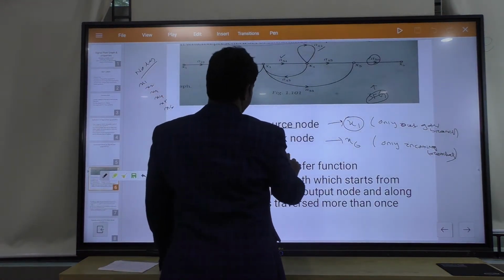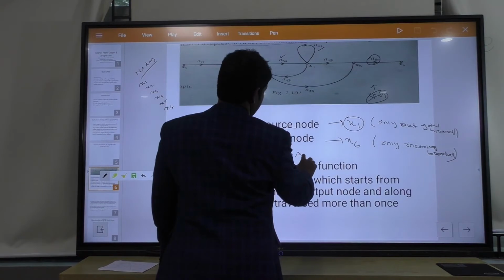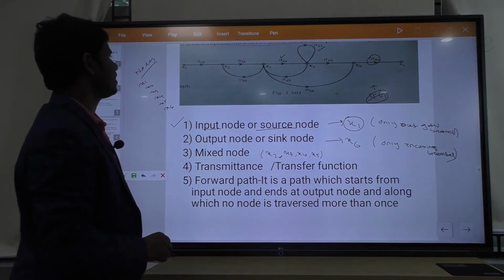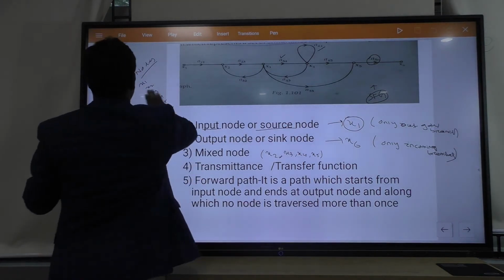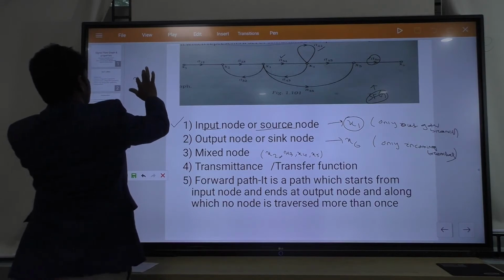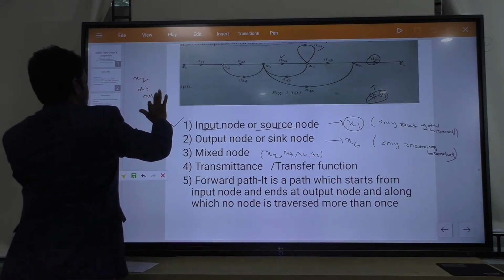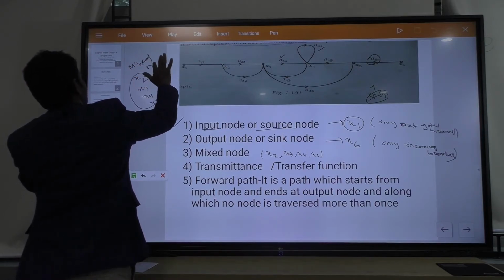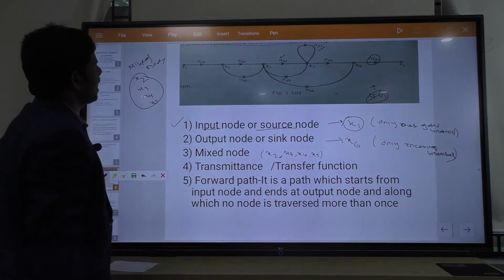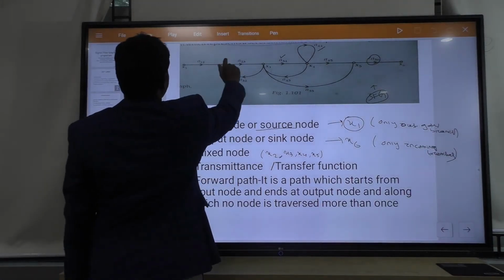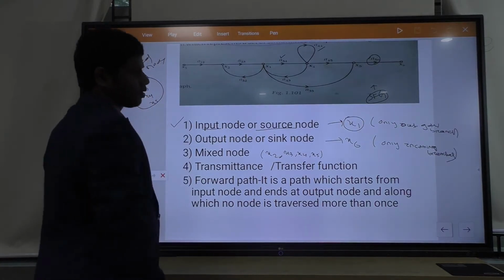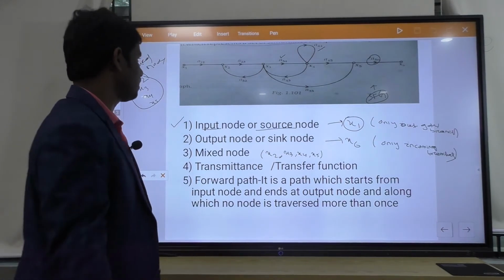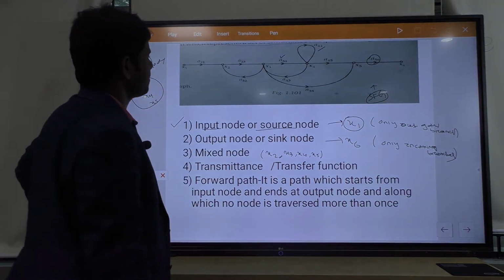Then x3 has incoming and outgoing, x4 also, x5 also. So x2, x3, x4, x5 are known as mixed nodes because they have incoming branches and outgoing branches. For x2, incoming is on the left side and outgoing on the right side. The node which has both incoming and outgoing branches is called a mixed node. Okay, so how many mixed nodes? x2, x3, x4, x5: four mixed nodes.